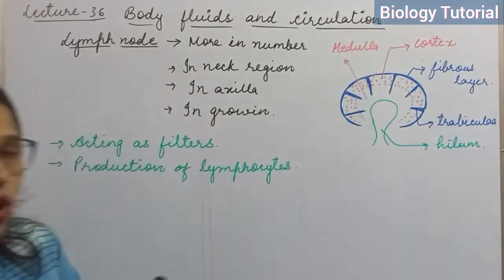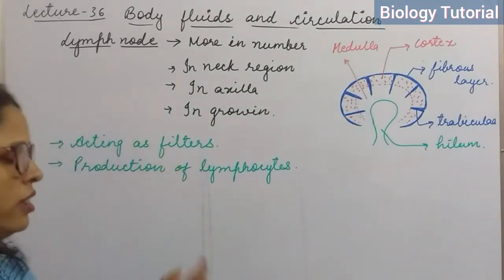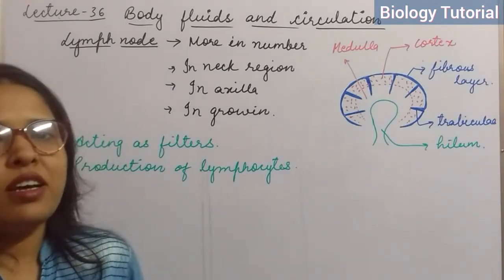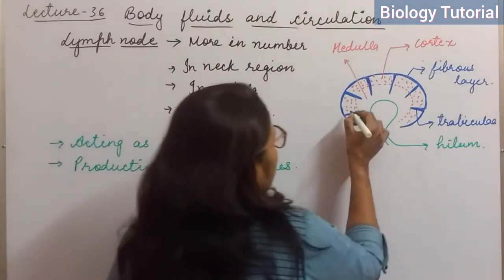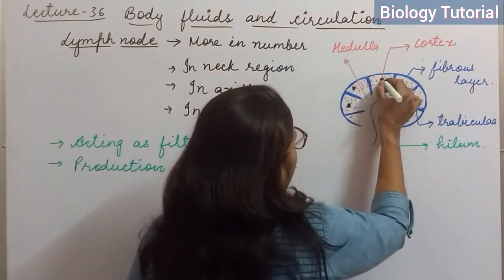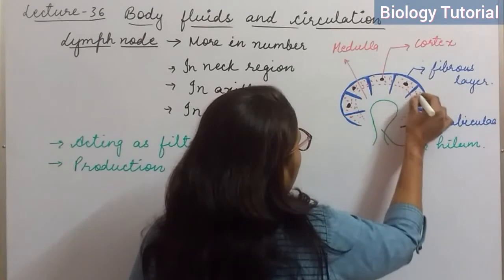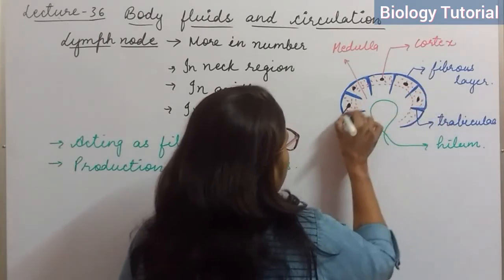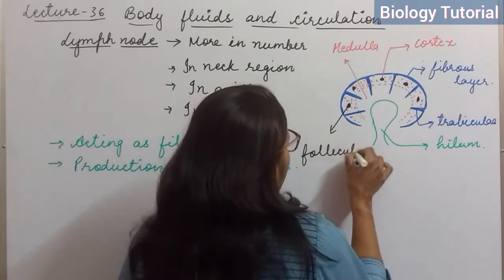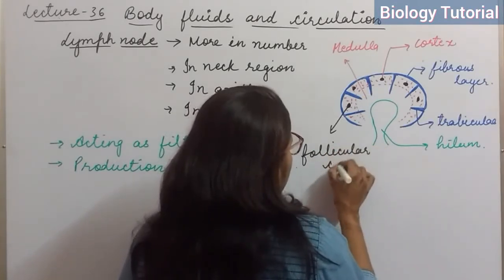In the cortical layer, in the cortex, some follicular clusters are present. So here are the follicular clusters.